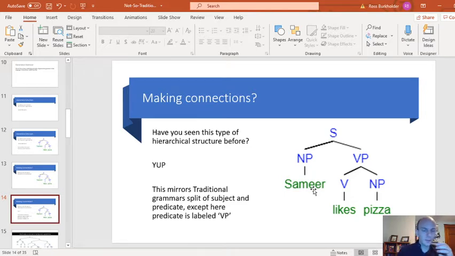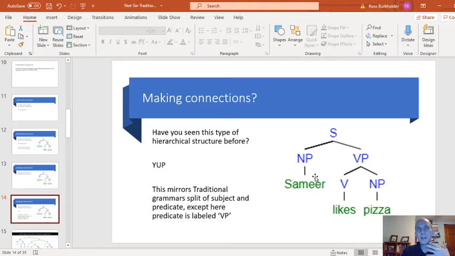In traditional grammar, this hierarchy that's being highlighted right here in this sentence, Samir likes pizza, broken up into a noun phrase and a verb phrase, has been given to you as the subject and the predicate. And note that the subject and the predicate breaks down a sentence into two groups, just like this rule system does here.